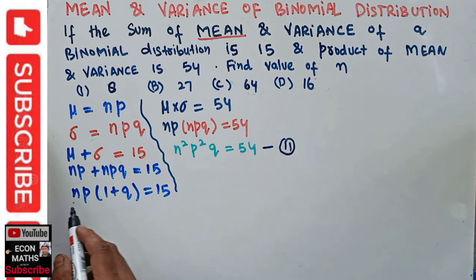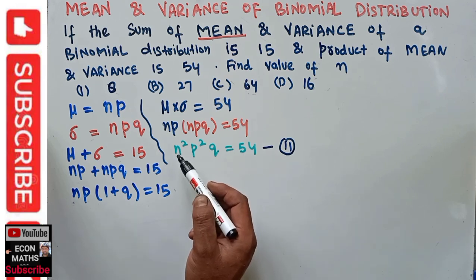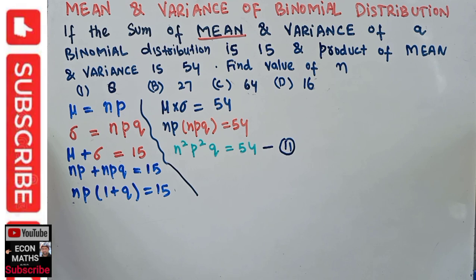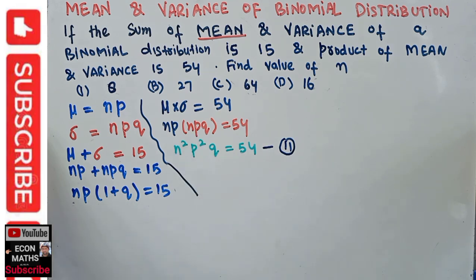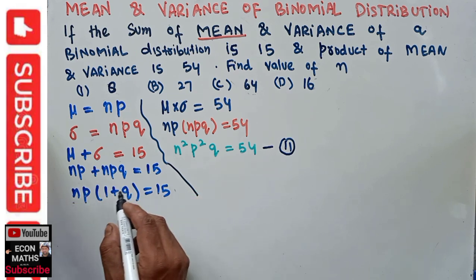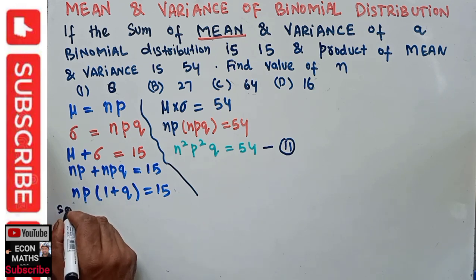Here we will do one thing. Since we have three variables n, p and q, we need to eliminate some variables. Here we have n squared p squared, so let us square the first equation on both sides.